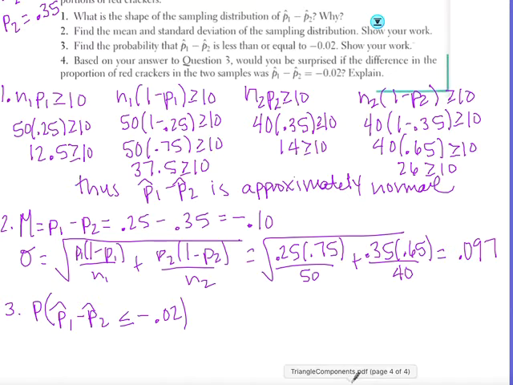Whenever I'm doing that, I can do this two ways. I can either get my z, look at my table and find what p-value goes with that, or I could do normal CDF on the calculator. So just to show you what it would look like if you did the z, you would do basically this.